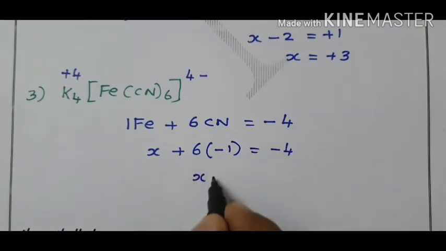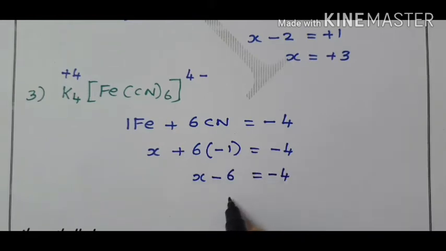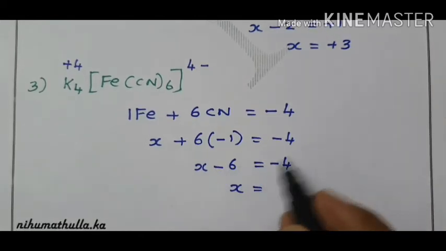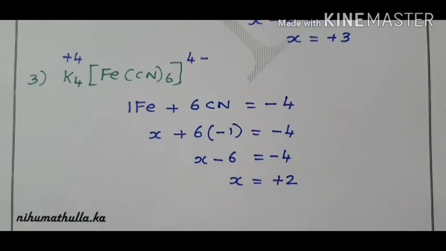X, 6 into minus 1 equal to minus 6, so X - 6 equal to minus 4. When you bring minus 6 to the right hand side, it becomes plus 6. 6 minus 4 equal to 2. Oxidation state of iron is plus 2.